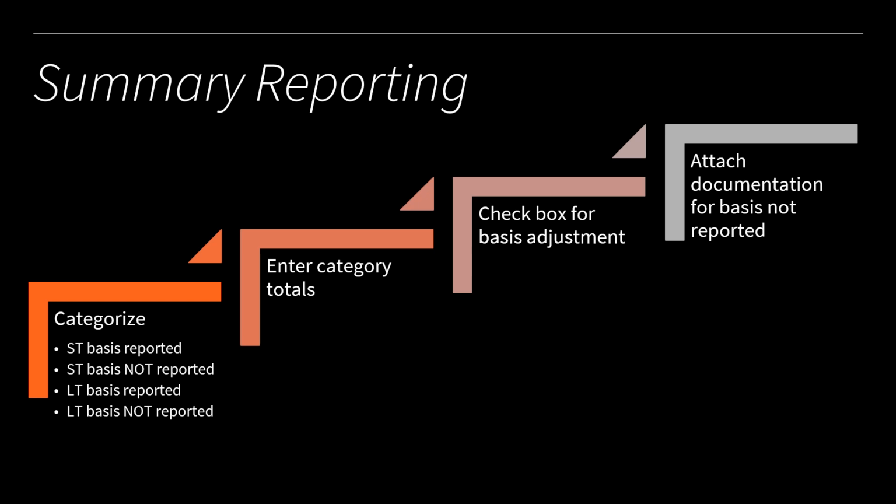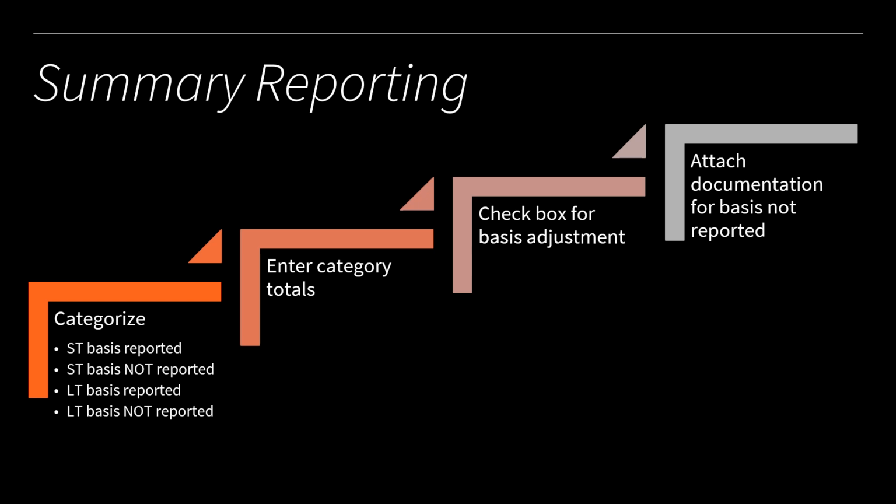So we're going to categorize before we do any lumping together into short-term property where the basis was reported to the IRS, short-term property where the basis was not reported. Then we'll also have some categories of long-term where the basis was reported and long-term where the basis was not reported. Most often our taxpayers will end up with two categories.